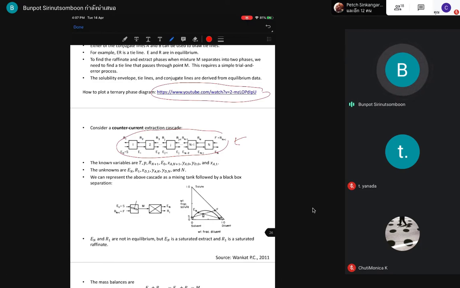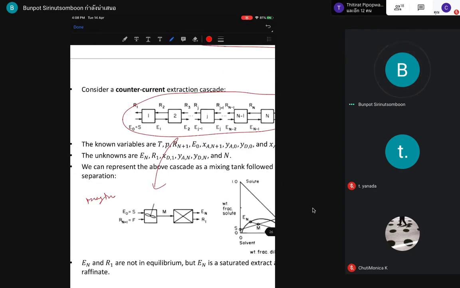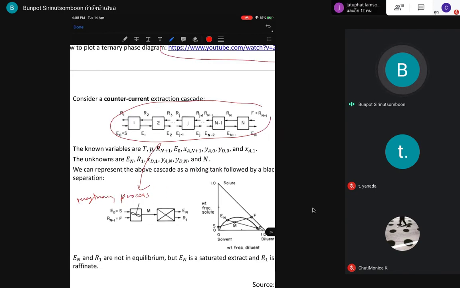You have multiple stages, with many streams going in and out of each stage, but from this you can make an imaginary process.